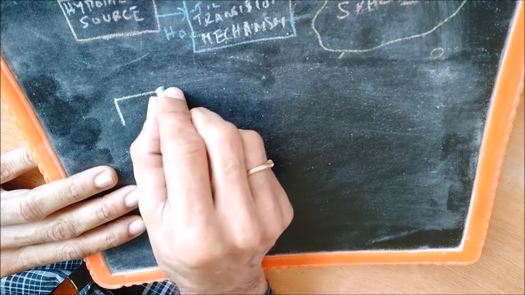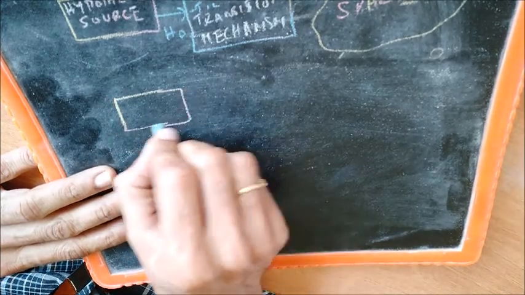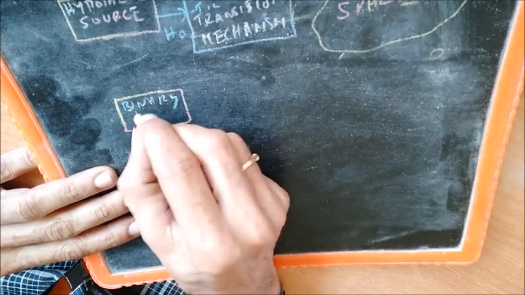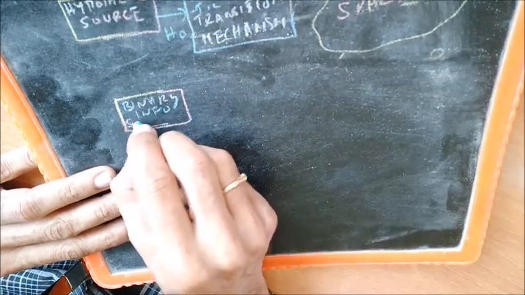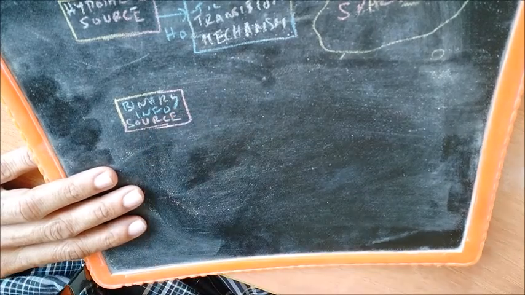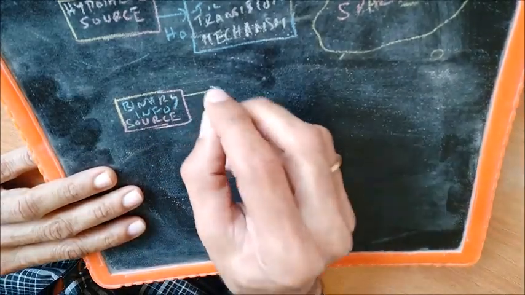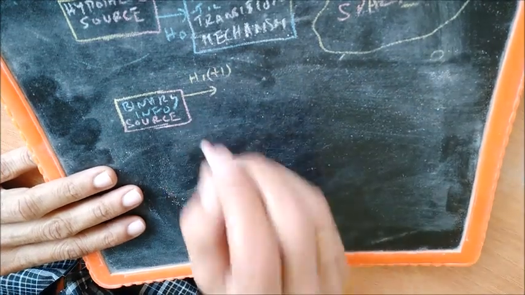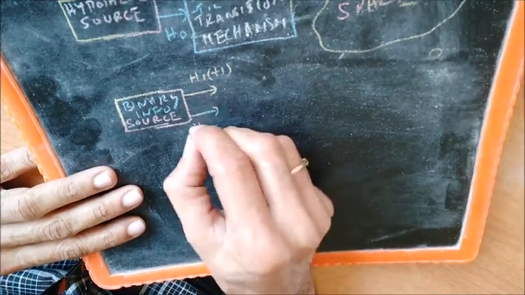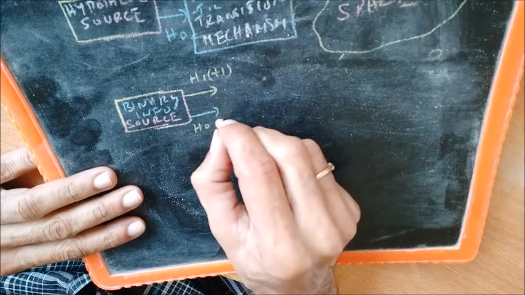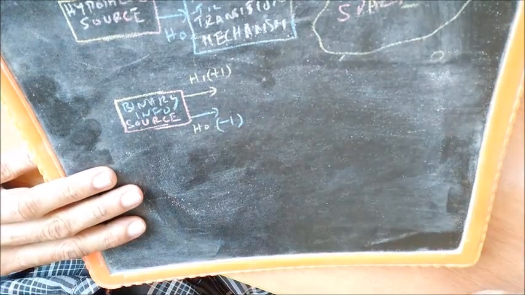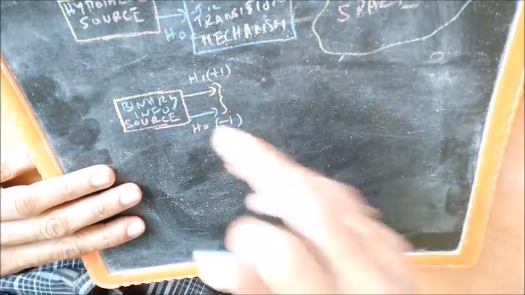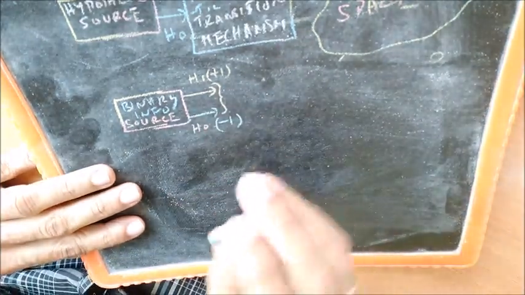I will take the case of a binary information source. Hypothesis H1 means the output is +1 during a signaling interval, of course. Hypothesis H0 means the output is -1 during a particular signaling interval. So you don't have a priori knowledge of this. You know it is any one of these two, but you don't know which one it is during a signaling interval.